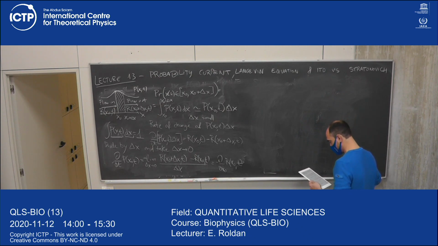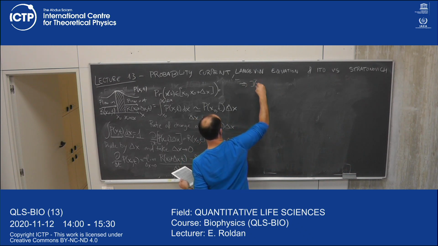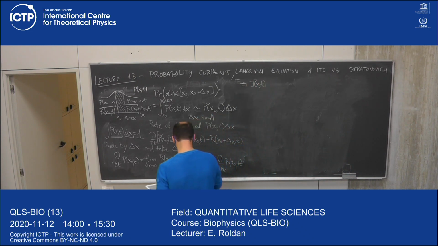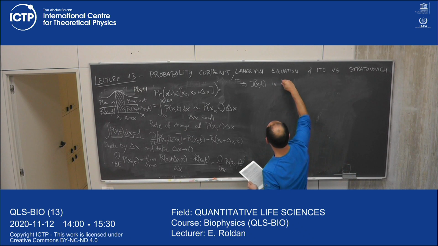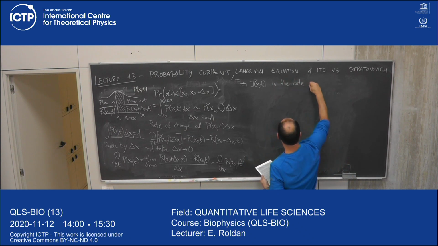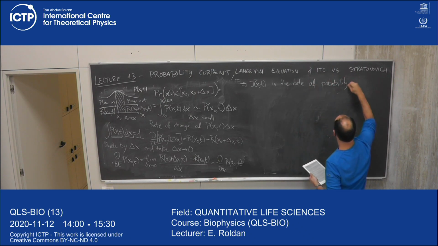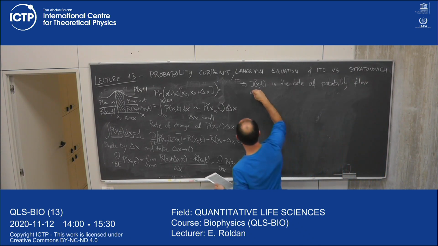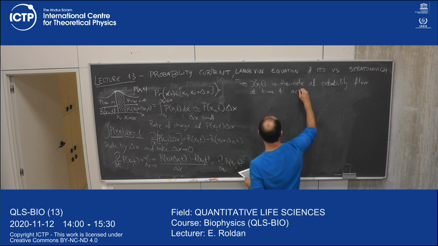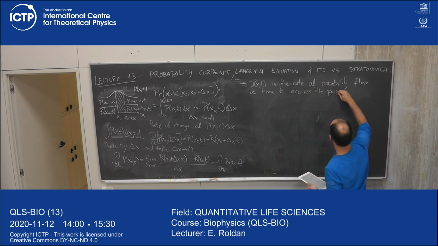So this implies that what we call J(x,t), the current, is the rate of probability flow at time t across the point x.